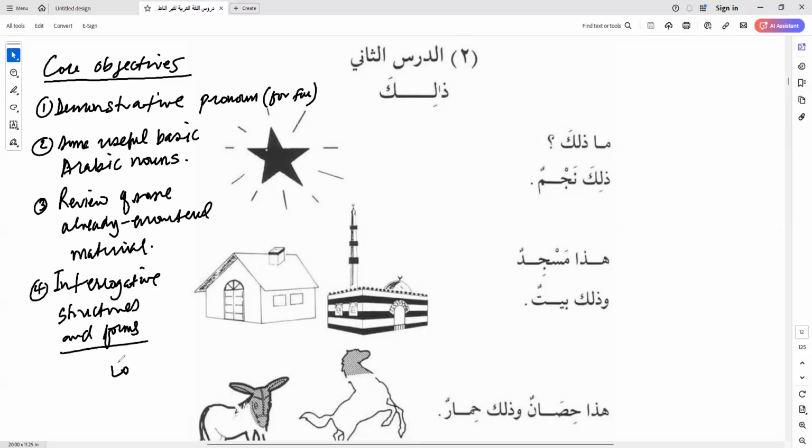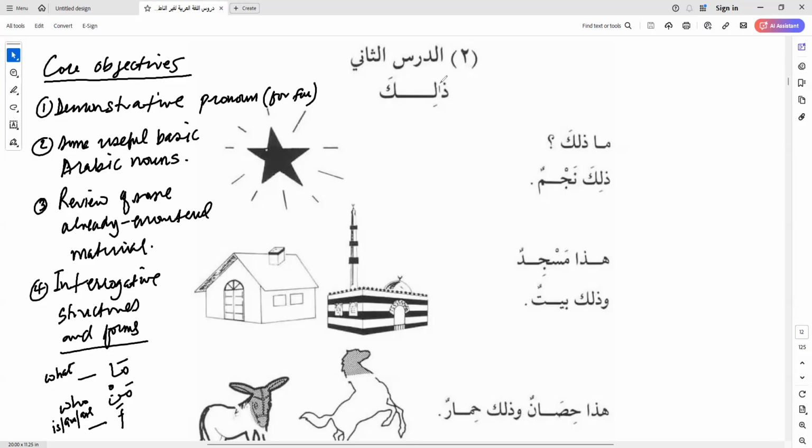So far we've learned ma, that is what. And then we have man, that is who. And then we've also learned ka, which can be is, am or are, and it can also represent the past tenses of these. So let's get started. ذلك.